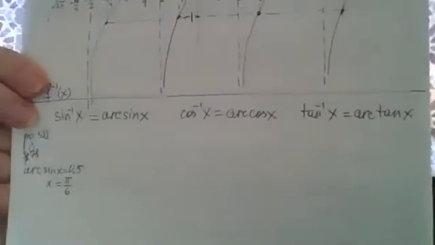We will talk about that a little bit later. I decided to show this right now because I would like to tell you that yes, it is written in that way, like arc sine of x.